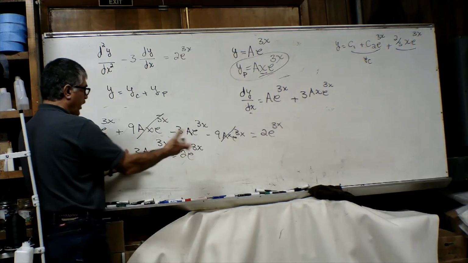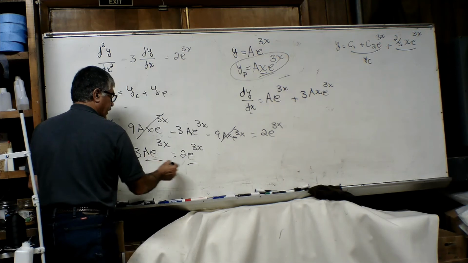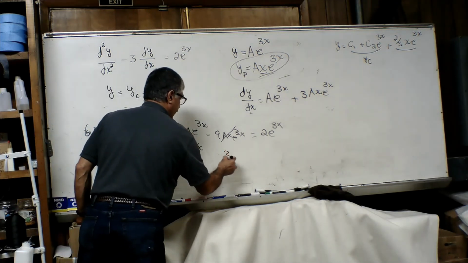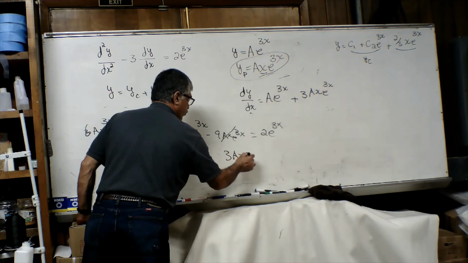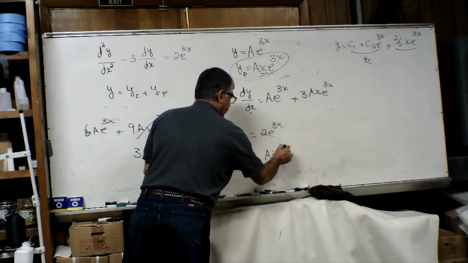If we divide both sides of the equation by e to the power 3x, they will cancel out. So we have 3a equal to 2, so a will be equal to 2 divided by 3.